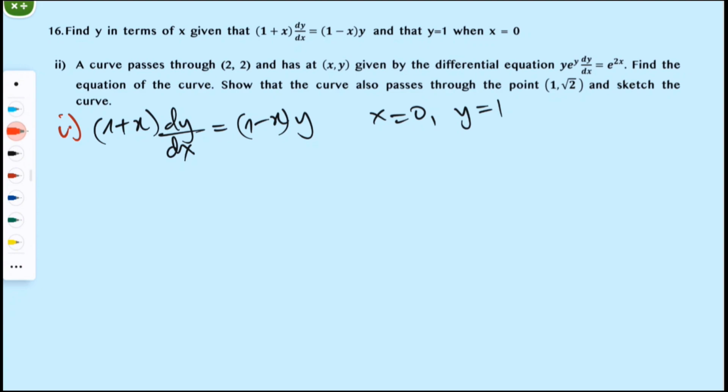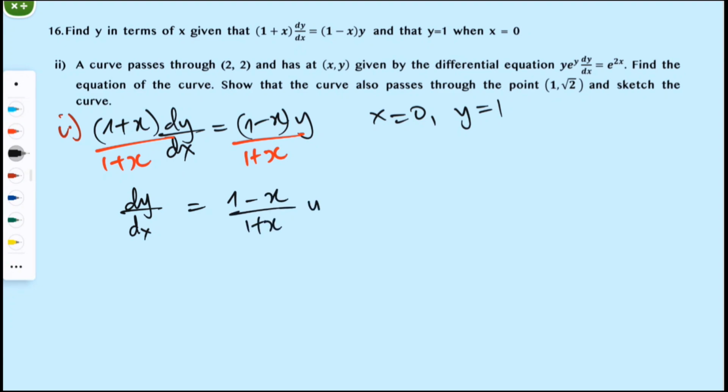So let's start by dividing both sides by 1 plus x to get rid of it over here, so that this will be dy/dx equals (1 minus x) over (1 plus x) times y.